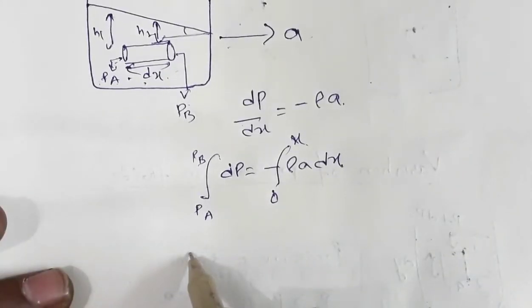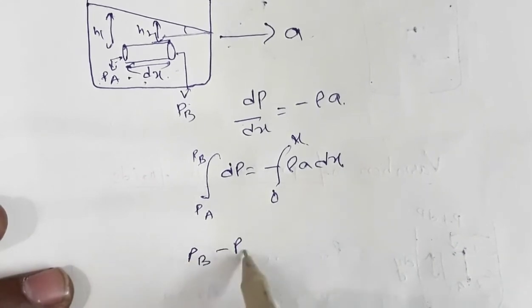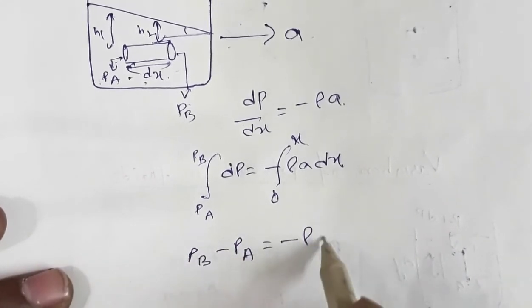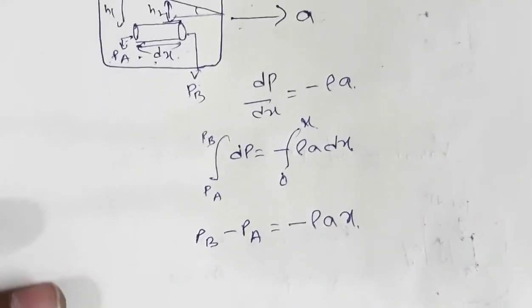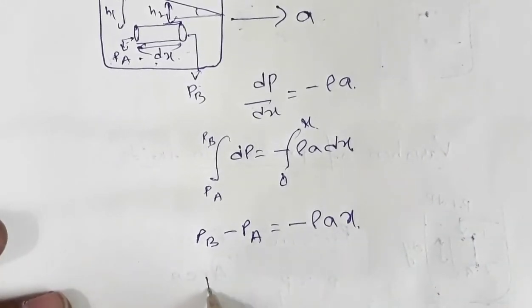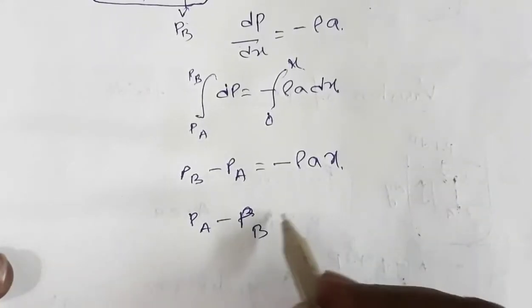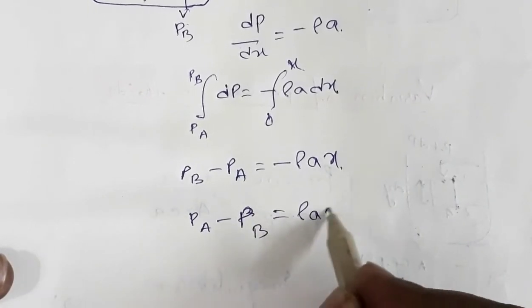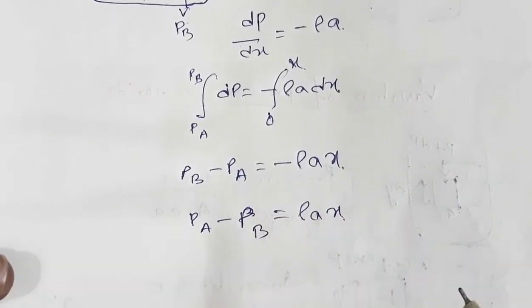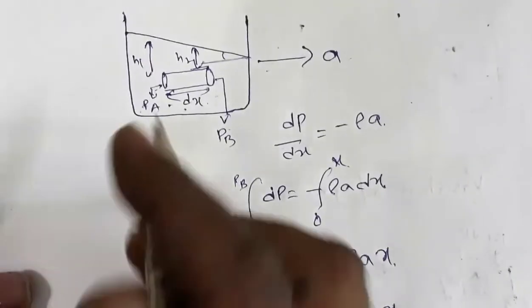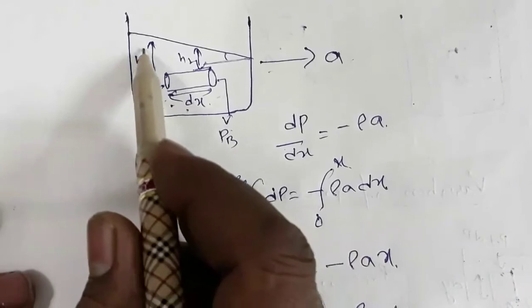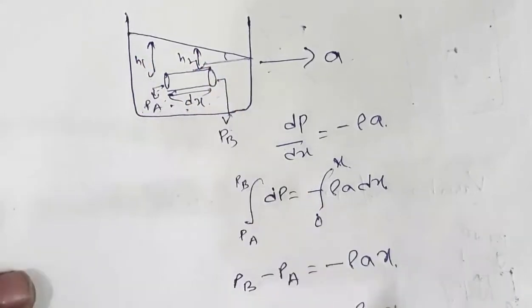We obtain PB minus PA is equal to minus rho a x, or I can write PA minus PB equal to rho a x. Now one more thing, from this diagram, this is at height h1, this is at height h2.